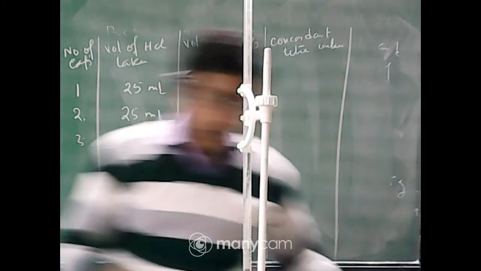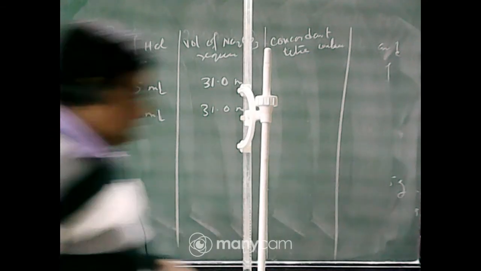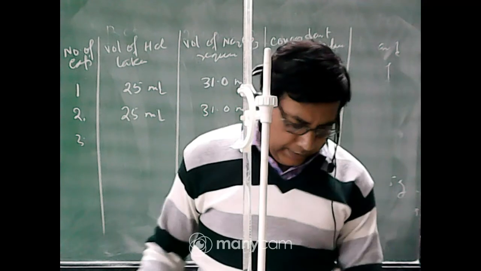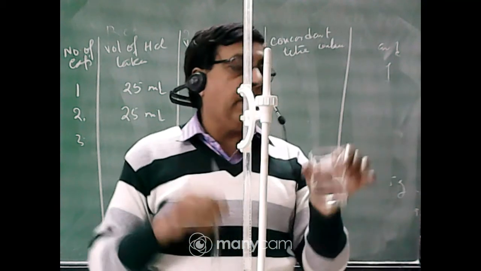Now reject the solution that is present in conical flask. Again take dilute HCl using pipette. This is dilute HCl.